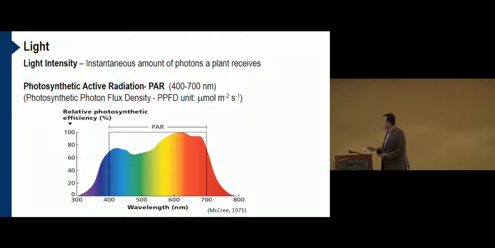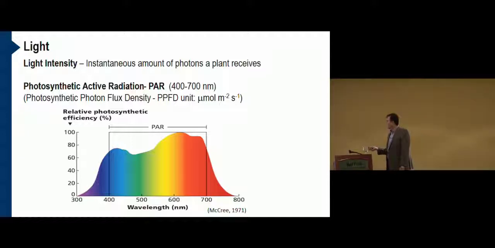When it comes to light intensity for plants, as I mentioned, the photosynthetic active radiation in the 400 to 700 nanometer range is more important because photosynthesis is a quantum process. The chemical reactions in photosynthesis are really affected by the number of photons falling onto the crop canopy rather than the energy of that photon in a given wavelength.